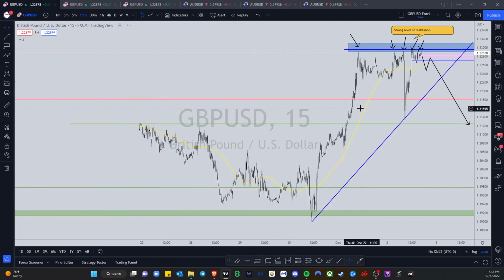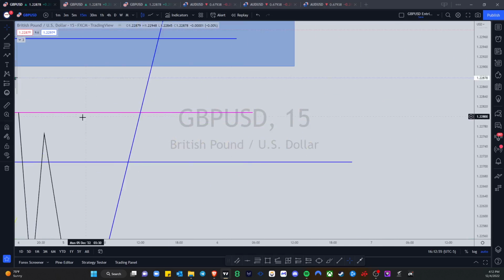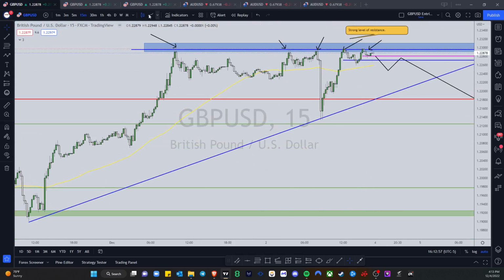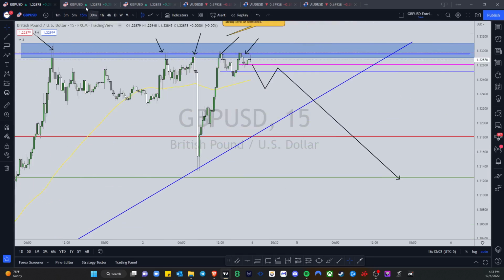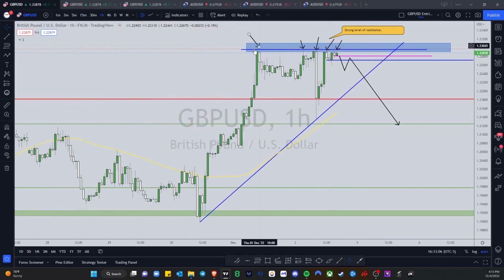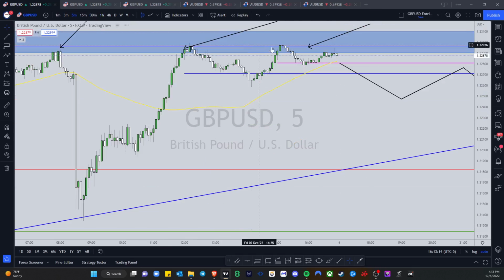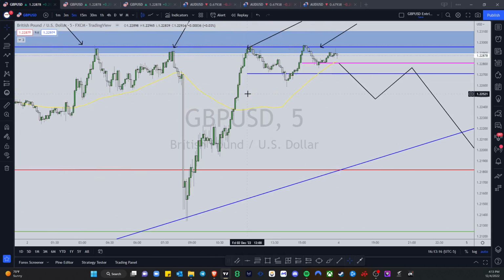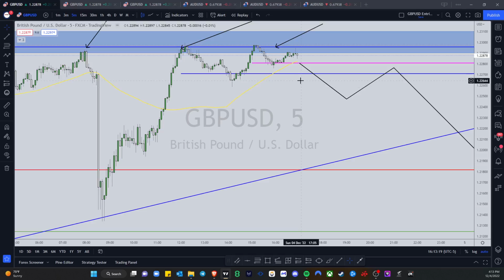On GU, GU is not looking bearish yet, but it is at a resistance level, right? Based on our H1 time frame, it's showing it's at a resistance level. We're looking on the lower time frame for where a break of structure would happen and where we will take our opportunity.